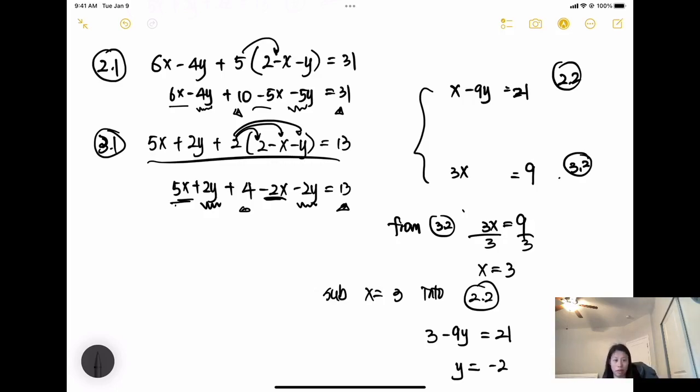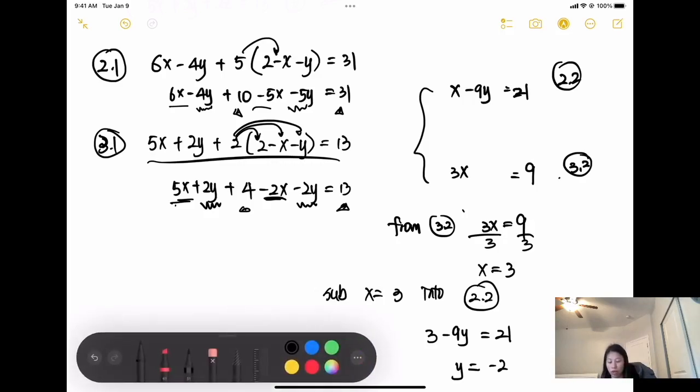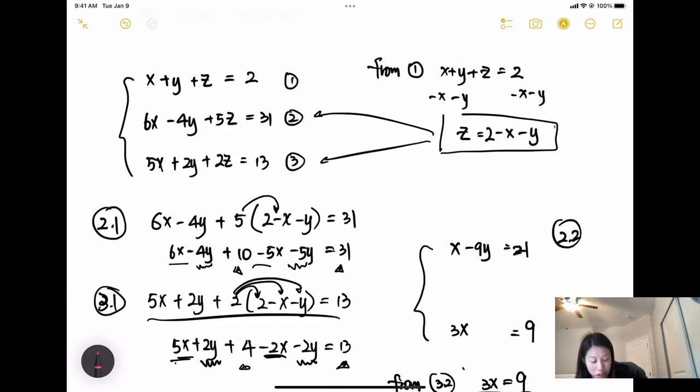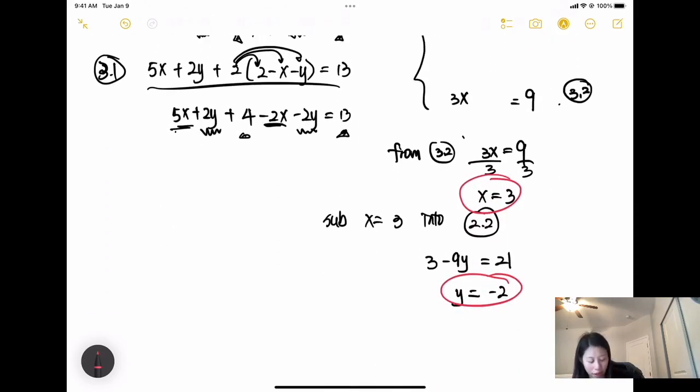Okay, but we're not done. We solved x and y. We still have z, right? x equals 3, y equals negative 2. But remember, our z is equal to 2 minus x minus y. So z is equal to 2 minus 3 plus 2.